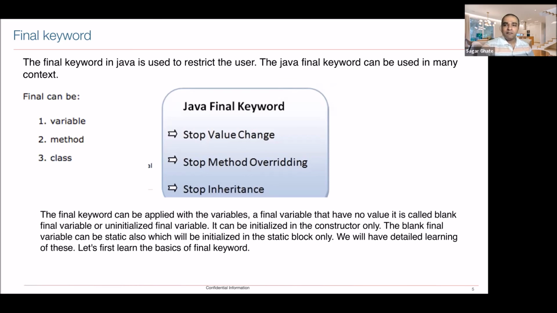Which means in my parent class, if I have some function which is final, I cannot override that function in the child class. And if I say final on a class, it is going to stop inheritance, which means the final class cannot have a child class. So that is where the final keyword is going to be used.